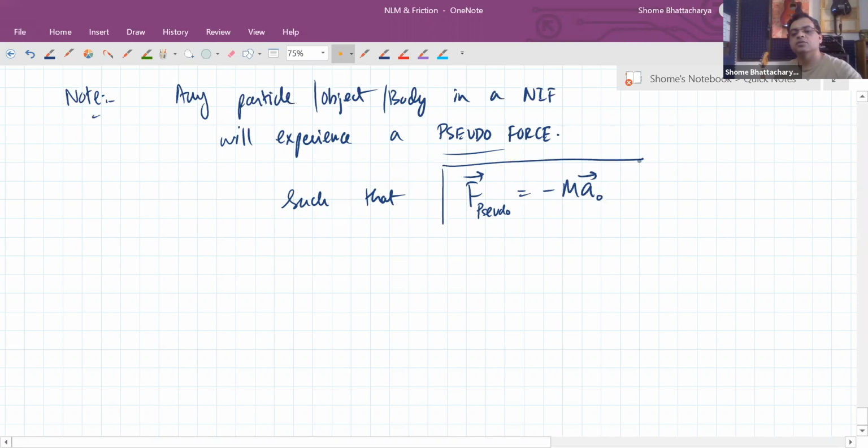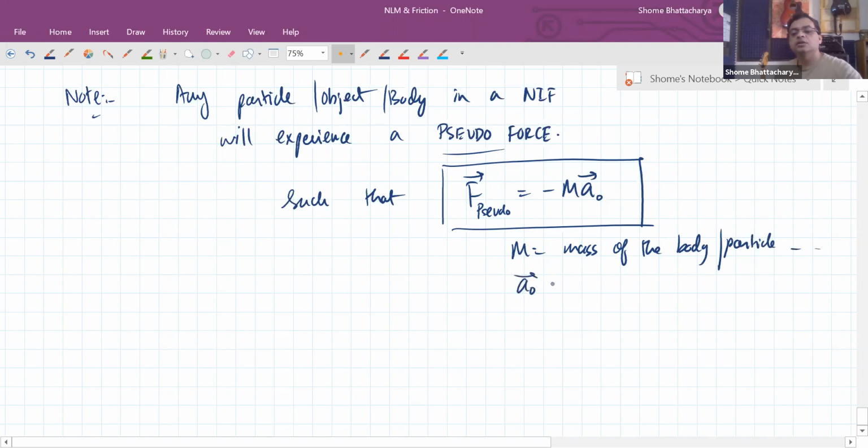So let's call that A naught. Where m is the mass of the body or particle, and A naught is the acceleration of the non-inertial frame with respect to the ground frame.